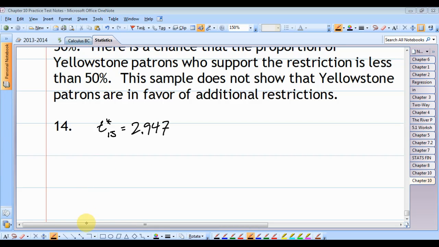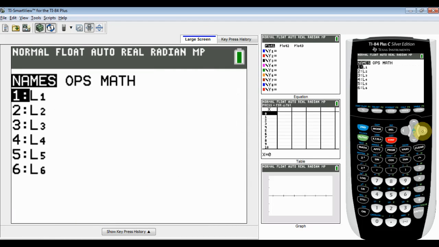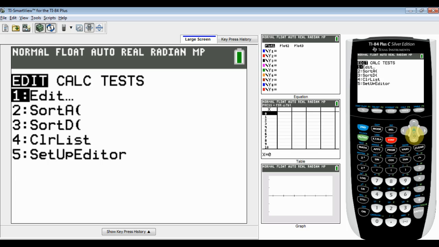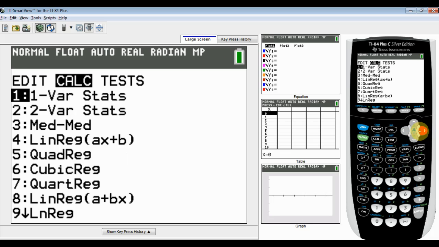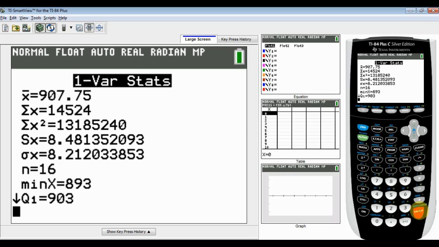I haven't looked at this worksheet in a while. Boom. Oh, I did it. There we go.